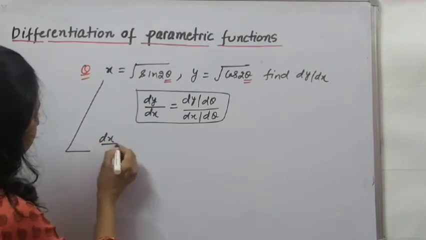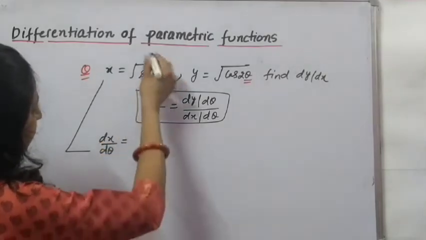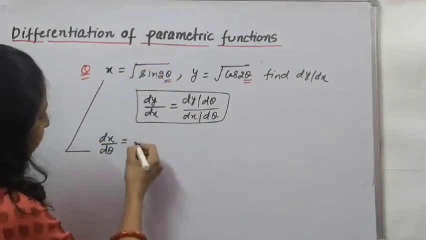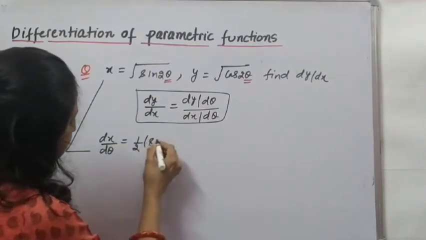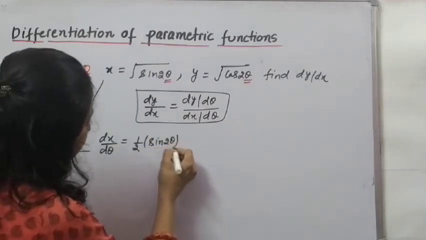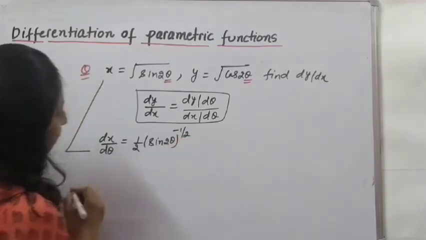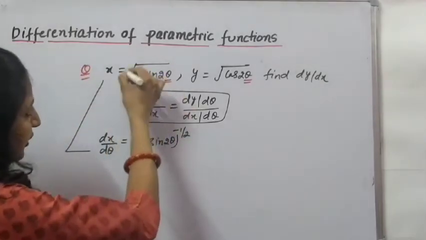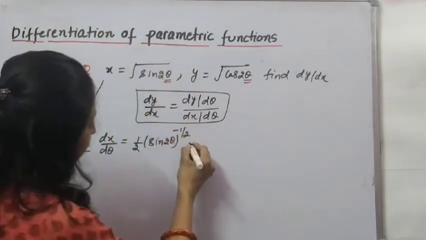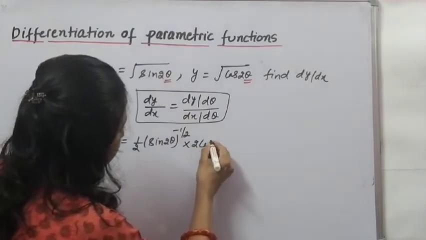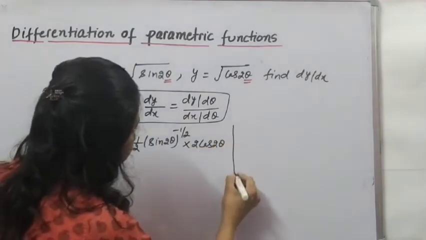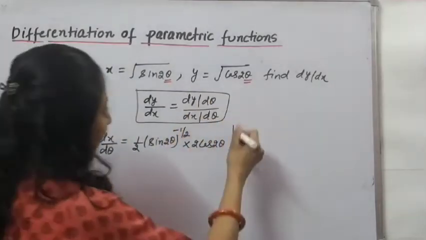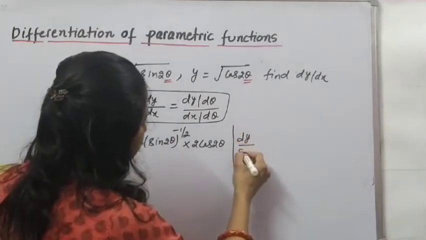So first of all, dx by d theta. The derivative of root sine 2 theta is 1 by 2, and sine 2 theta raised to power minus 1 by 2, and then the derivative of sine 2 theta, it will be 2 cos 2 theta, right? Similarly, we will find the value of dy by d theta.